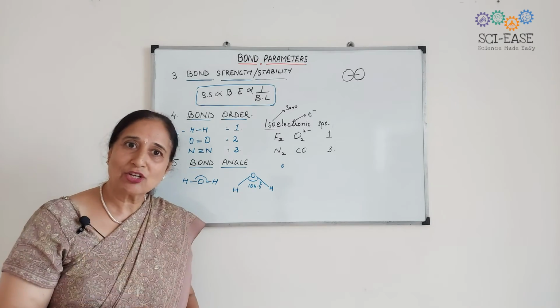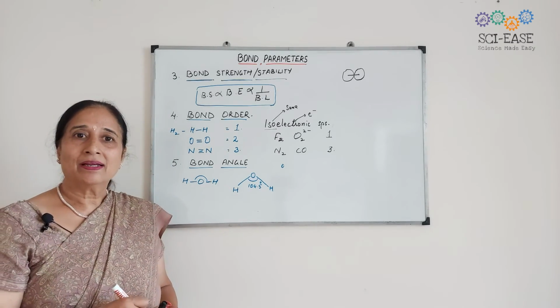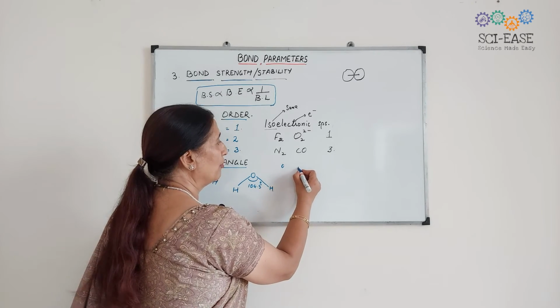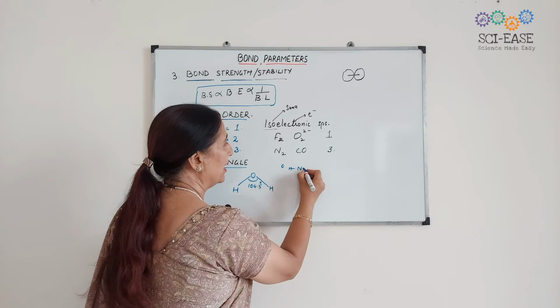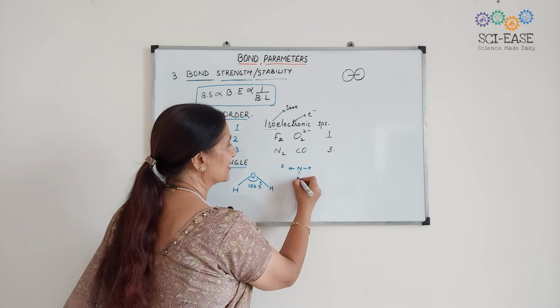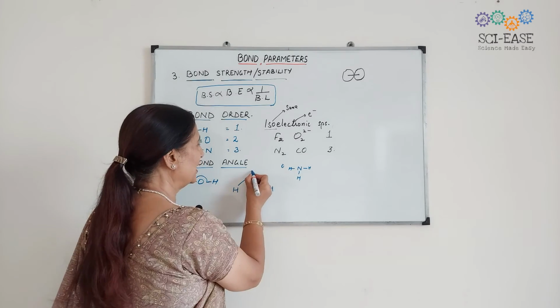You can take the case of ammonia. Here the bonds are in the molecule of ammonia, H, N, H. So the structure is not like this. It is not like this.